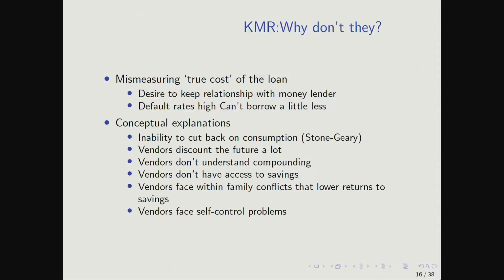Maybe you're extraordinarily impatient. Maybe you don't understand compounding. Maybe you don't have access to a good savings opportunity. Or maybe the preferences are not what we wrote, and there is something that makes them more impatient today than in the future, either intra-household family dynamics or self-control issues.